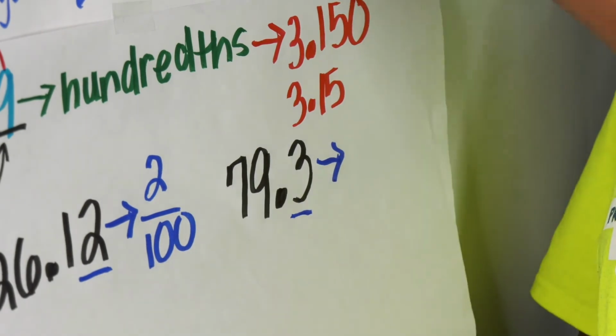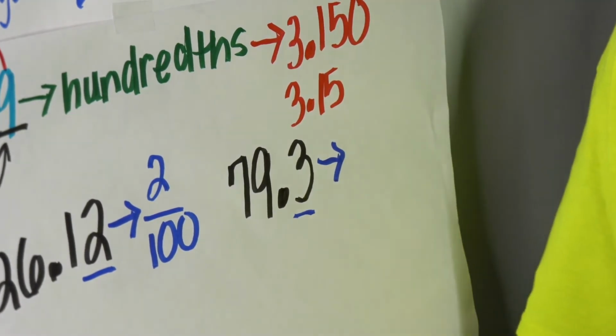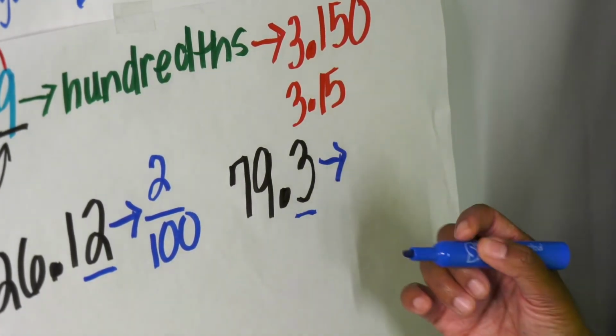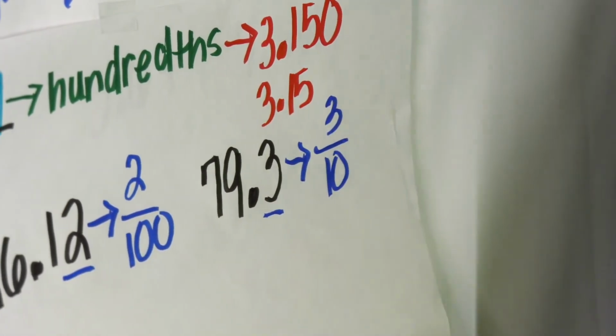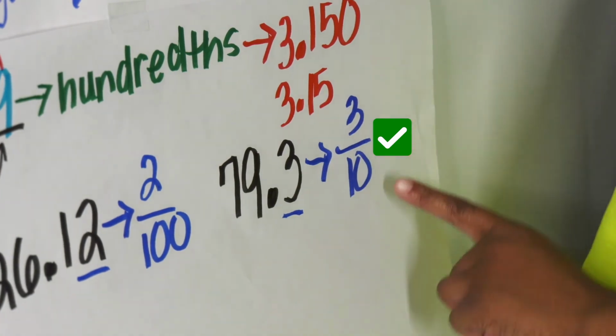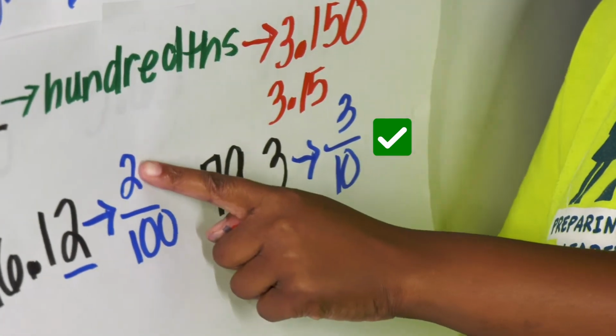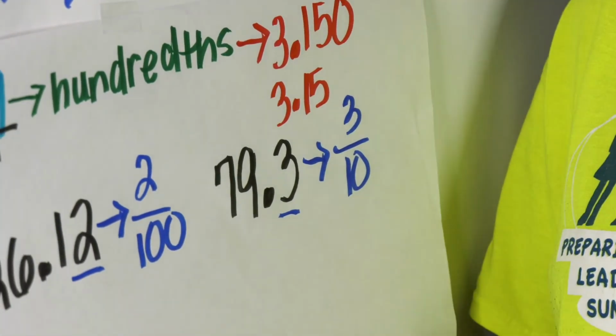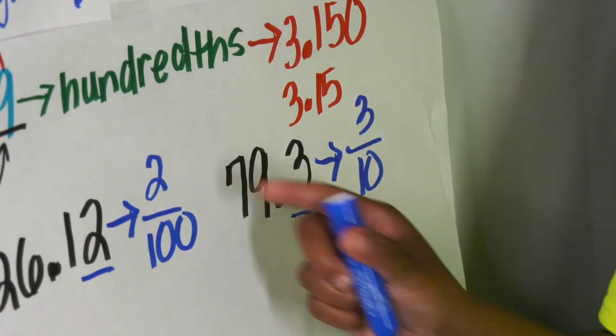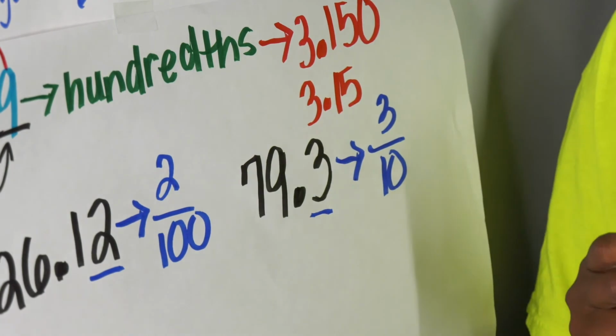So the 3 is in the tenths place. So the value of this number would be 3 over 10, which is 3 tenths. Just like this one was 2 hundredths. So all of our place values after the decimal are written as fractions.